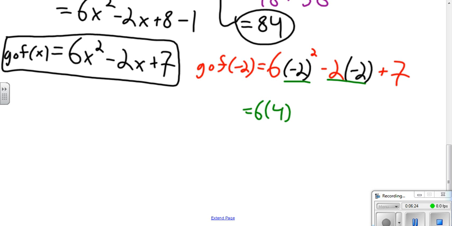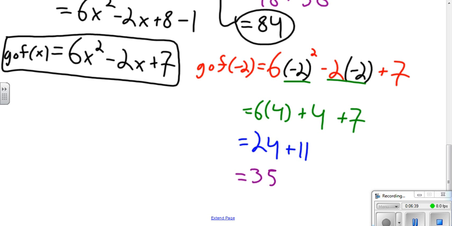Negative 2 times negative 2 is 4, and plus the 7. 6 times 4 is 24. 4 plus 7 is 11. 24 plus 11 gives us 35. So g of f of negative 2 equals 35. So that's how we solve our composition of functions problems.